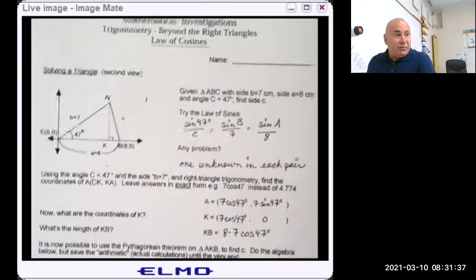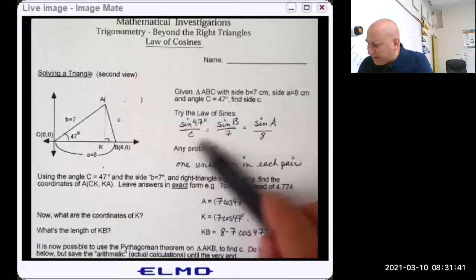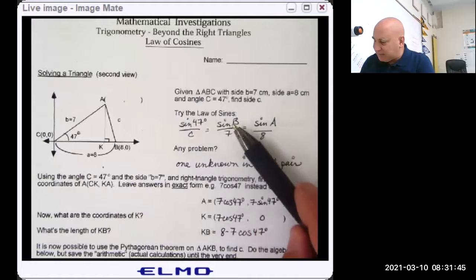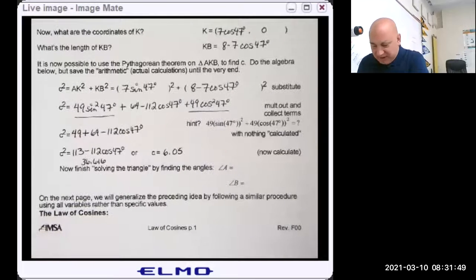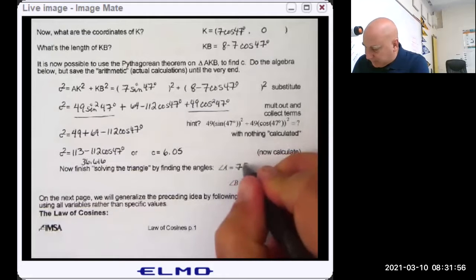Now, if we have approximately 6.05, now we have the ratio. We can use the law of sines to get the sine of A and the sine of B, and then hence angle A and angle B. You should do that. For the sake of this video, I'm going to give you the answers.